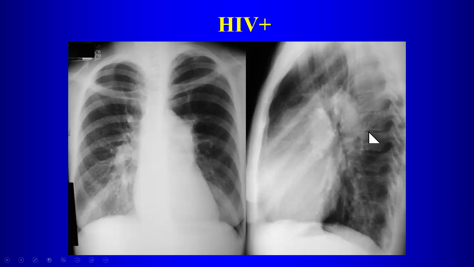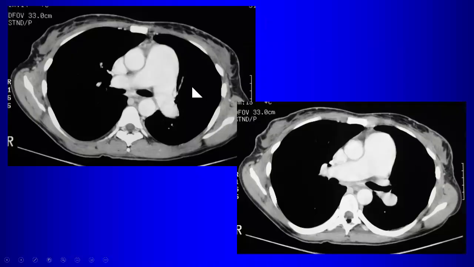Instead, you have all of these dilated vascular structures. So what are we looking at here? Yeah, there's marked enlargement here of the pulmonary arteries, the central pulmonary arteries. So this patient has what? Pulmonary hypertension. Yeah. That can also be associated with HIV. These patients can develop pulmonary hypertension. Okay.